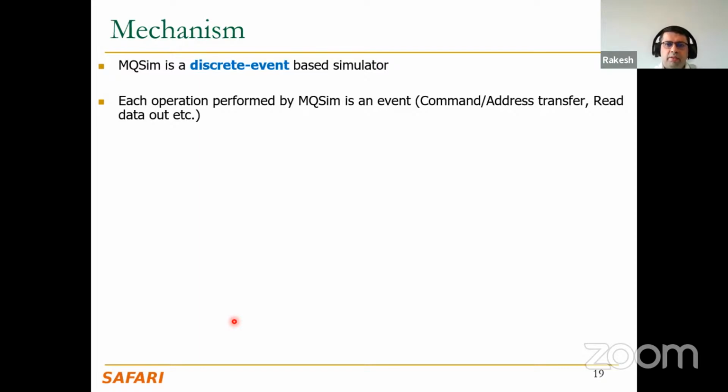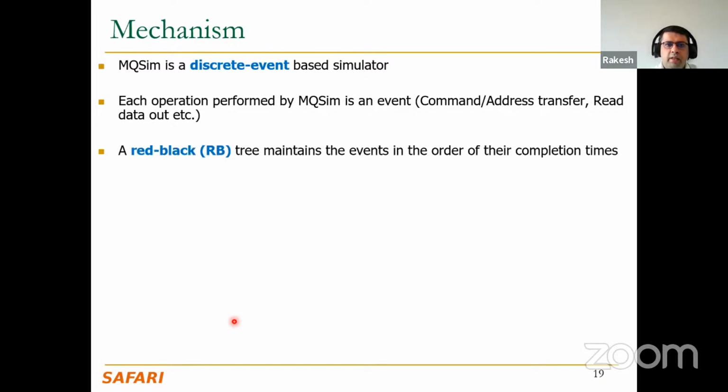Even sending the request from the host to the host interface logic is also an event. So all these events are maintained in a red-black tree, and they are stored in the order of their completion times.